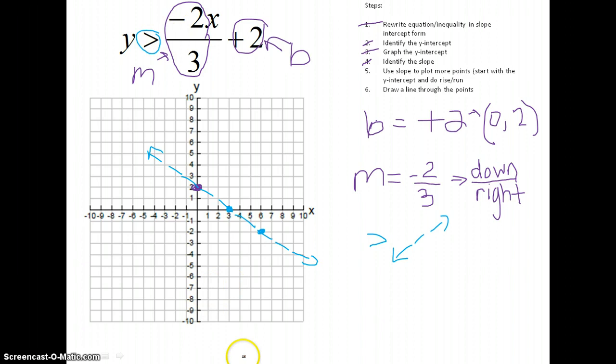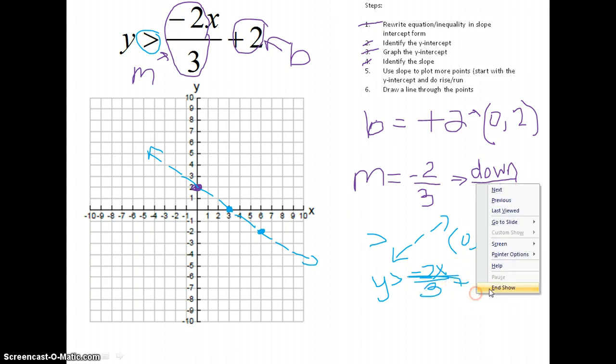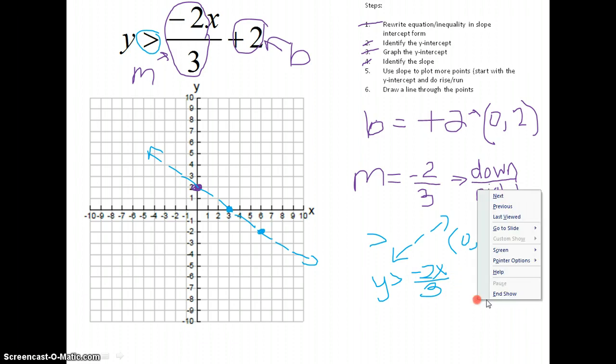So again, if you notice 0, 0 is not on the line. So let's just use 0, 0 again. So I have the equation y is less than negative 2x divided by 3 plus 2.